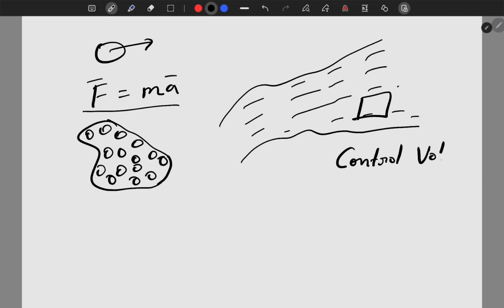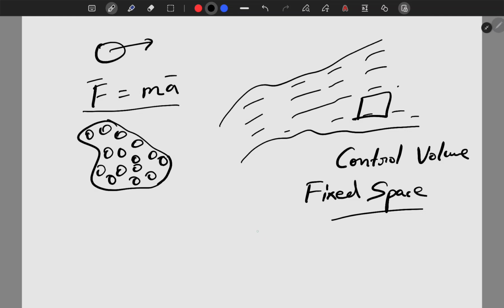Now in the case of control volume, we have a fixed space in the region. The boundaries can move in this particular case, but we will see that in the future.